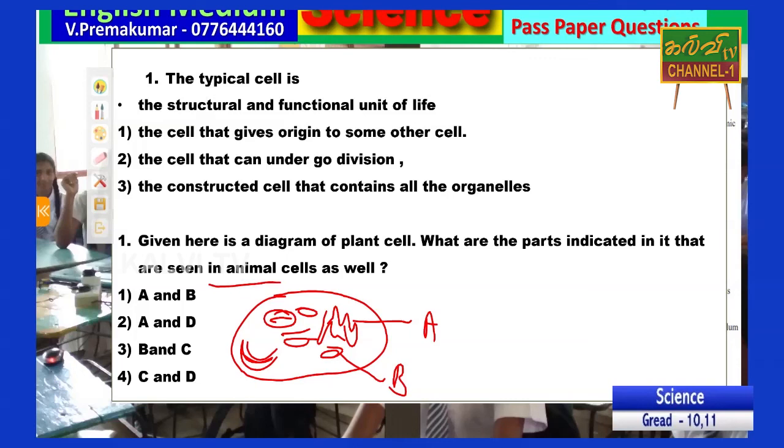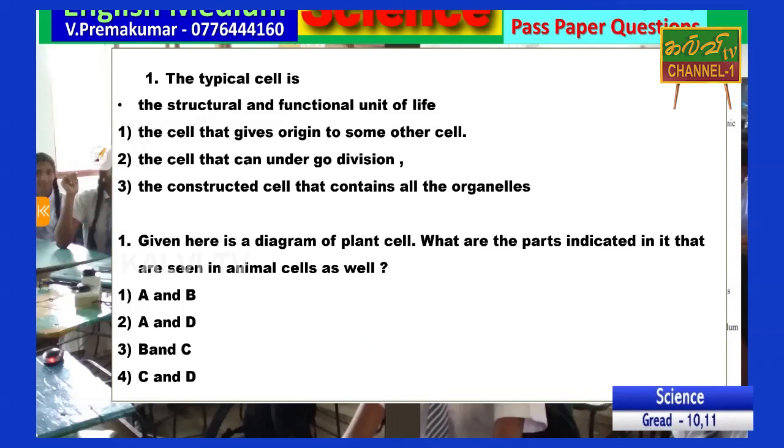That means, what are the differences between the plant cell and animal cells? These are the questions they are asking.